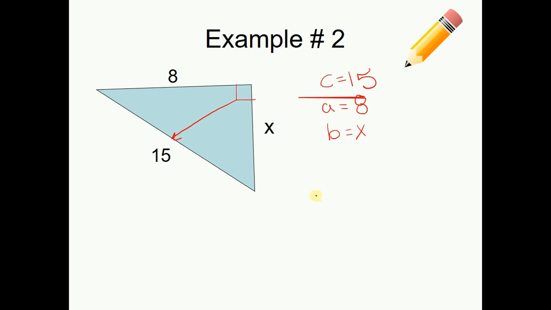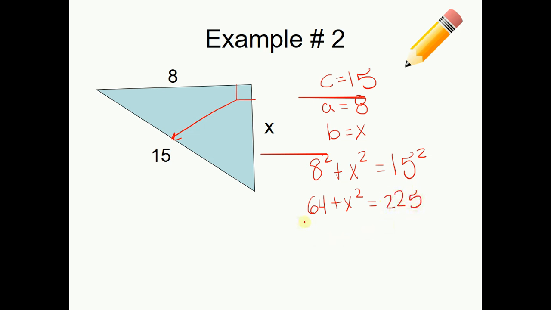So notice, guys, this one's going to be a little different compared to example 1. Let's plug in. So we got 8 squared plus x squared equals 15 squared, because C is 15. So I got 64 plus x squared equals, what's 15 squared? AKA 15 times 15. Let me do that quick.